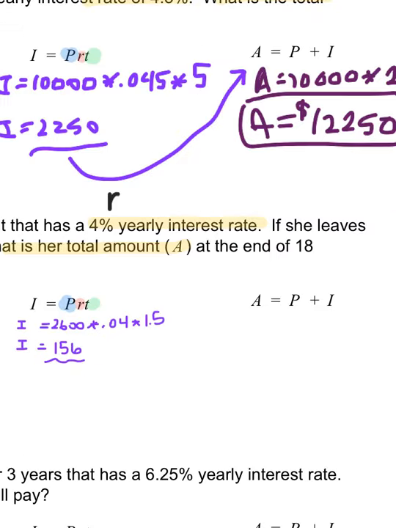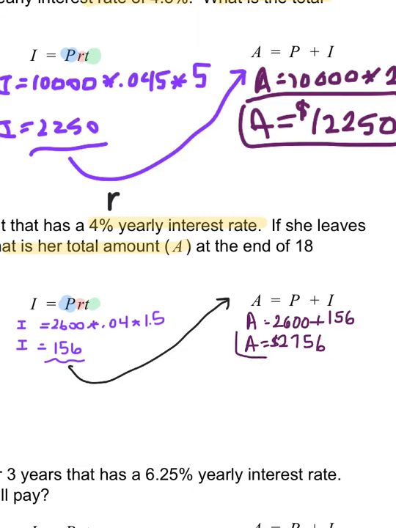It's ready to go. And when I calculated the interest, I got 156, but now I would take that and substitute it into the A equals P plus I formula. A equals the principal 2600 plus the interest of 156, and when you add that up, you get $2,756.